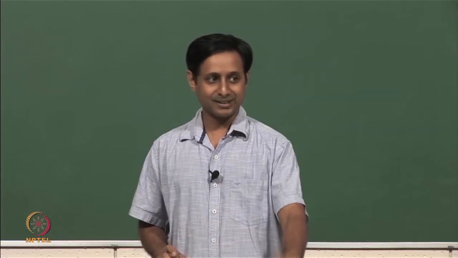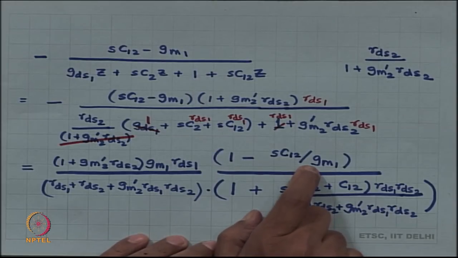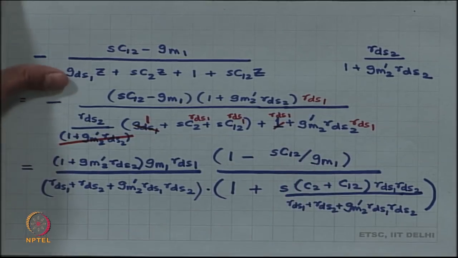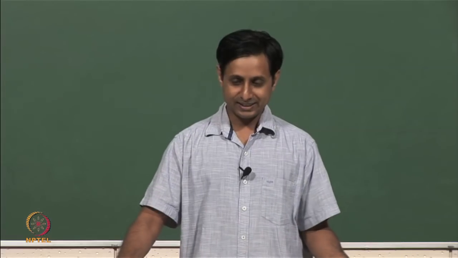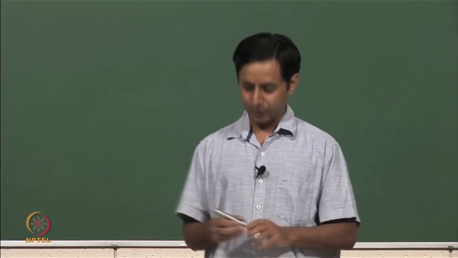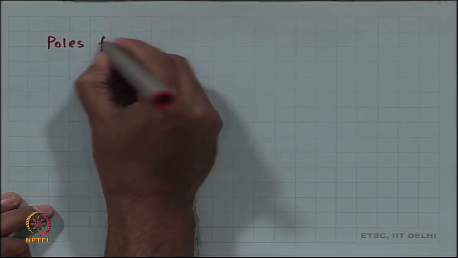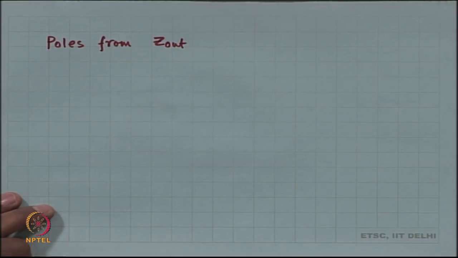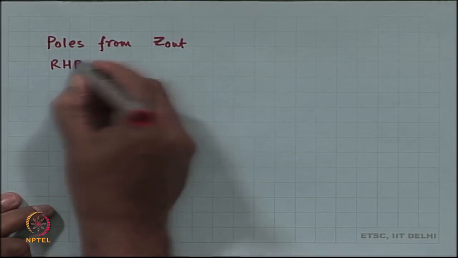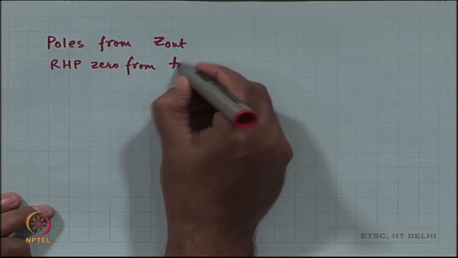If you work out the transconductance 0, that gives you the 0 of the system. Okay. So, let us think of it this way. Instead of doing all of this, you could have tried to find poles from output impedance, RHP 0 from transconductance.